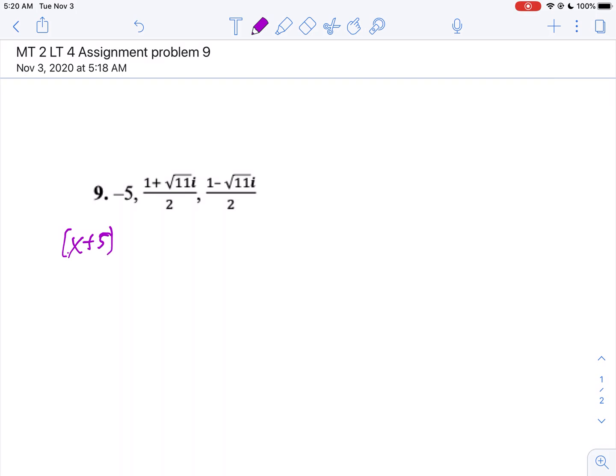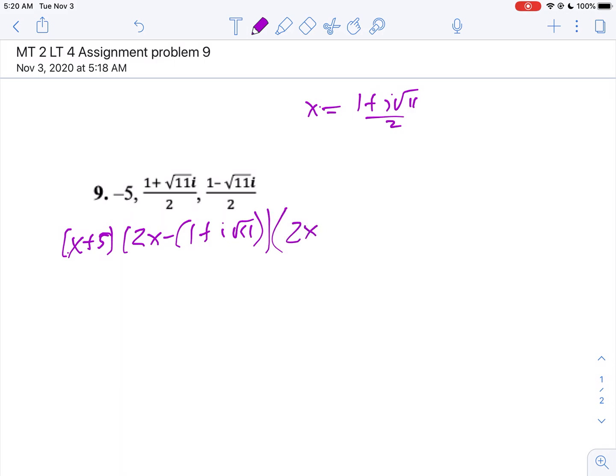And then I know if x equals 1 plus or minus i squared root of 11 over 2, that means I'm going to say 2x minus 1 plus i squared root of 11.